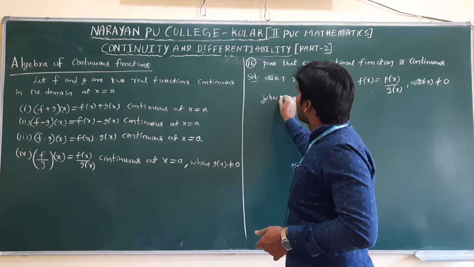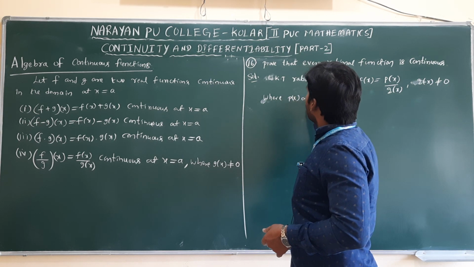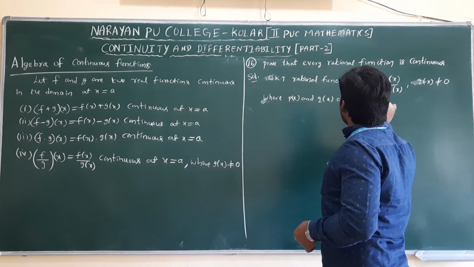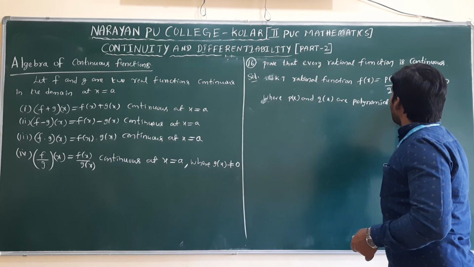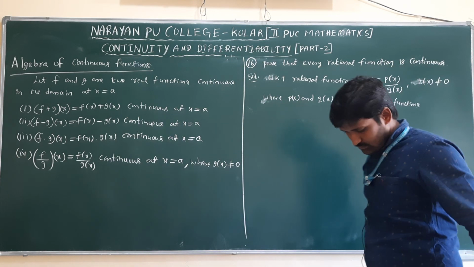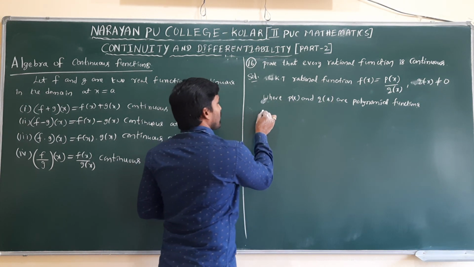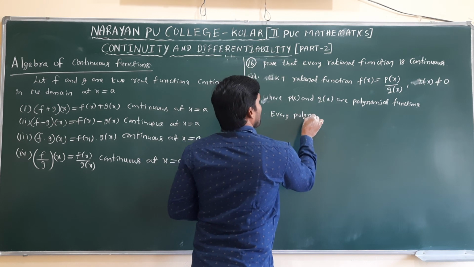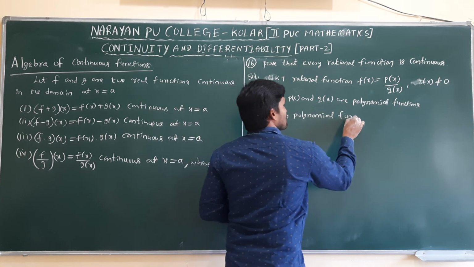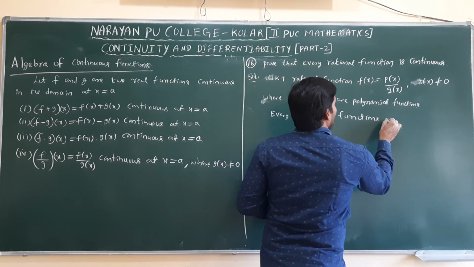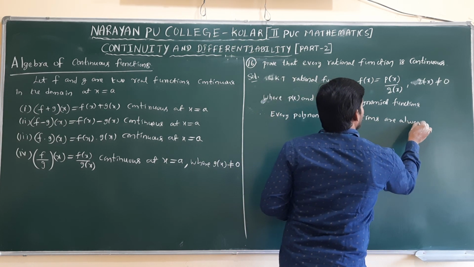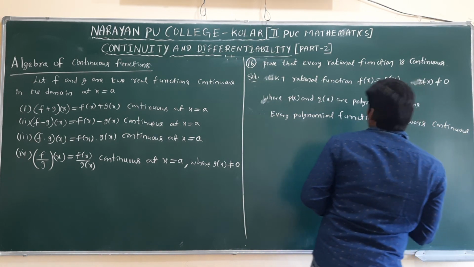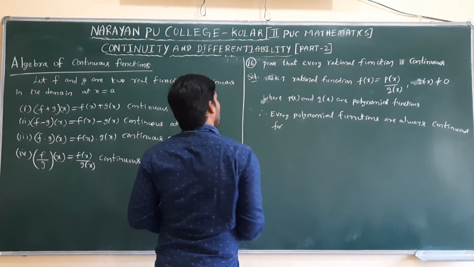Where p of x and q of x are polynomial functions, therefore every polynomial function is always continuous for all real numbers.